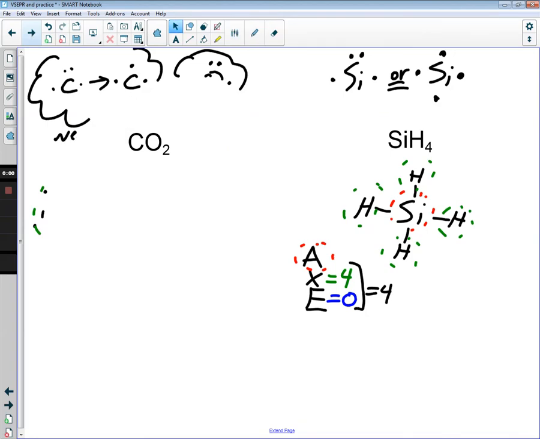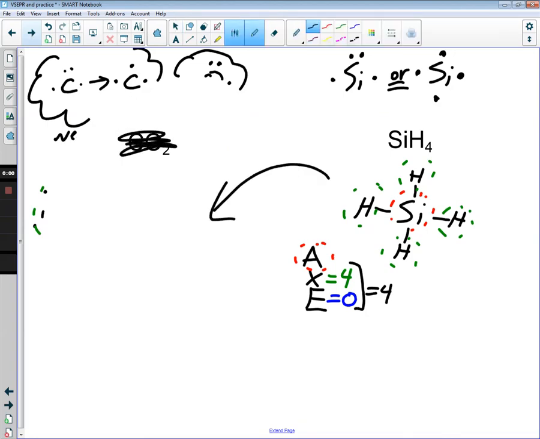Okay. So here's how I do that. I'm going to have my central atom, my silicon. Now I'm going to turn it in such a way that this one's coming off here, this one's coming off here.